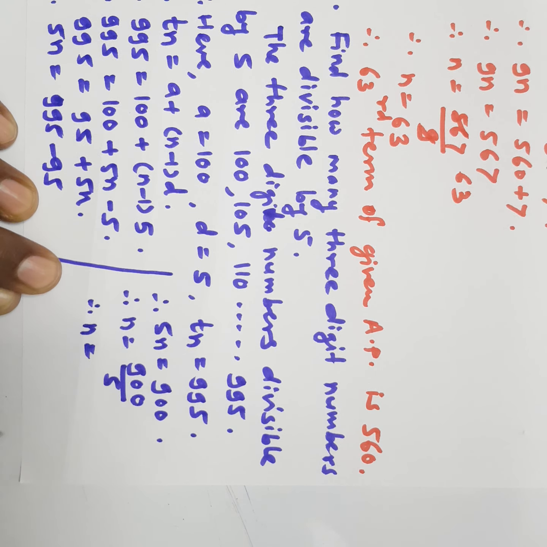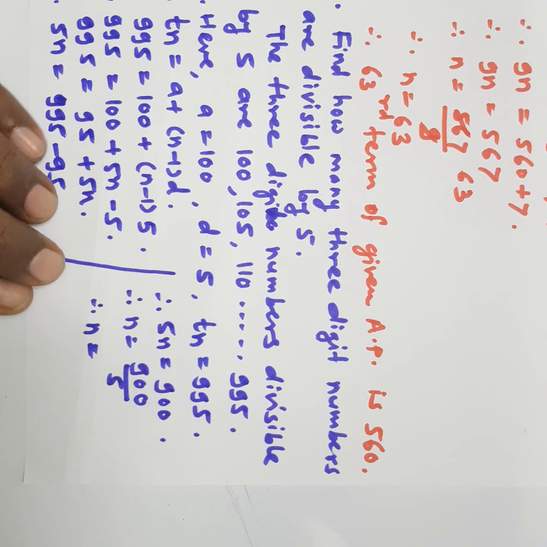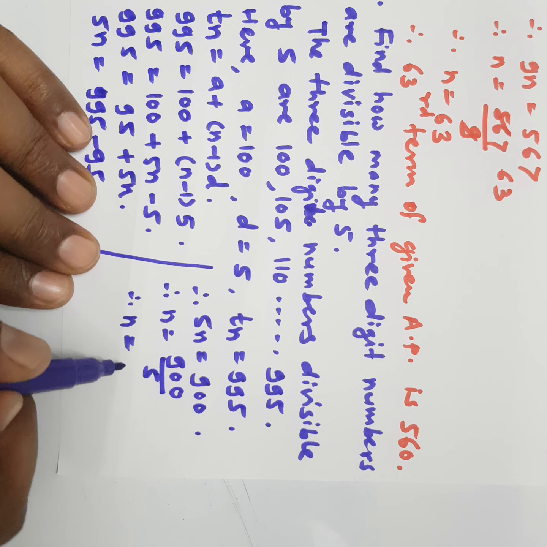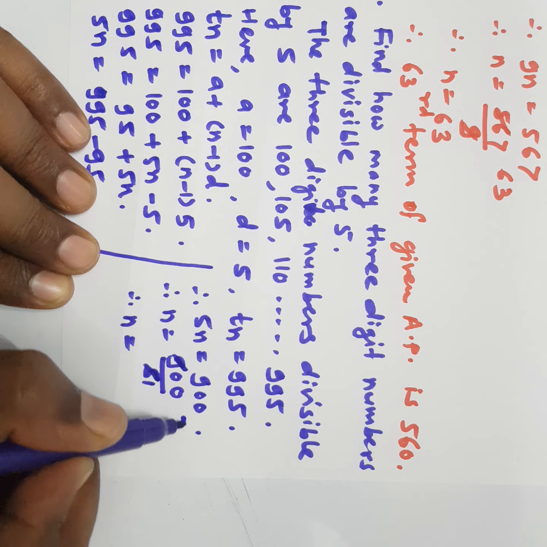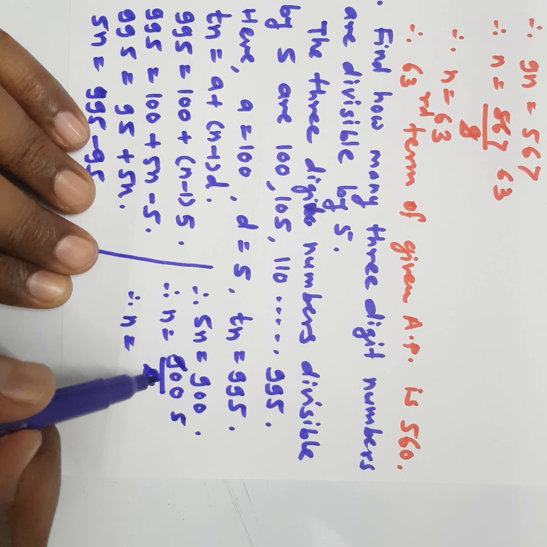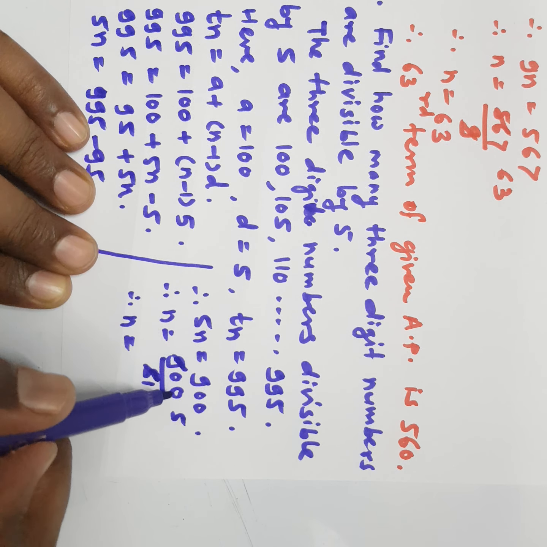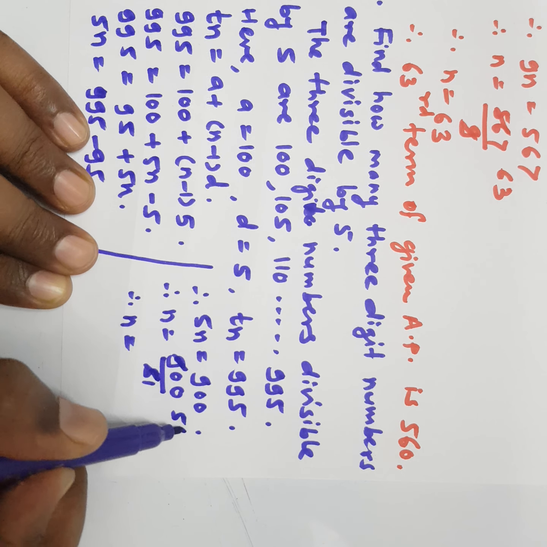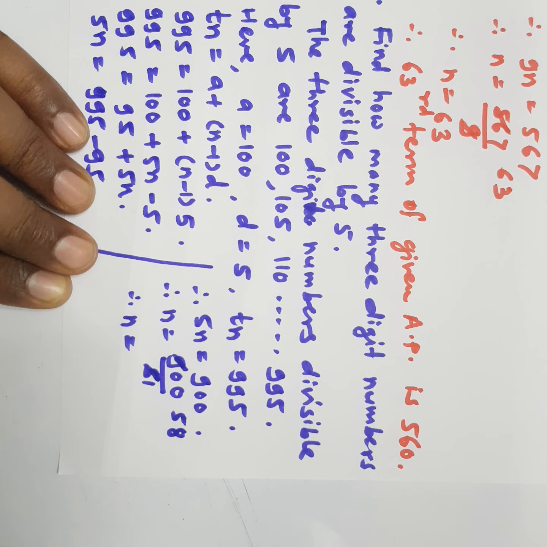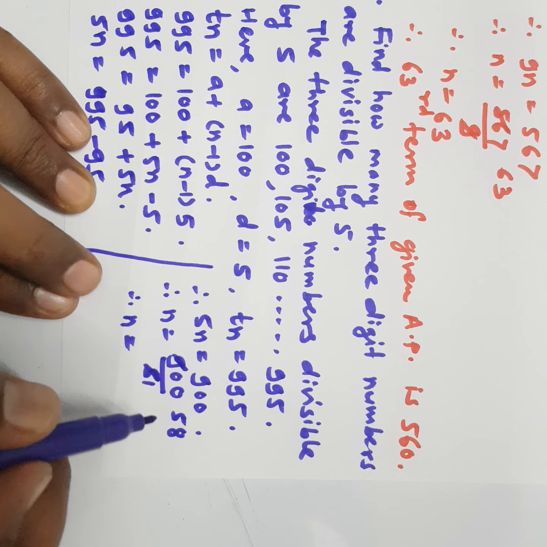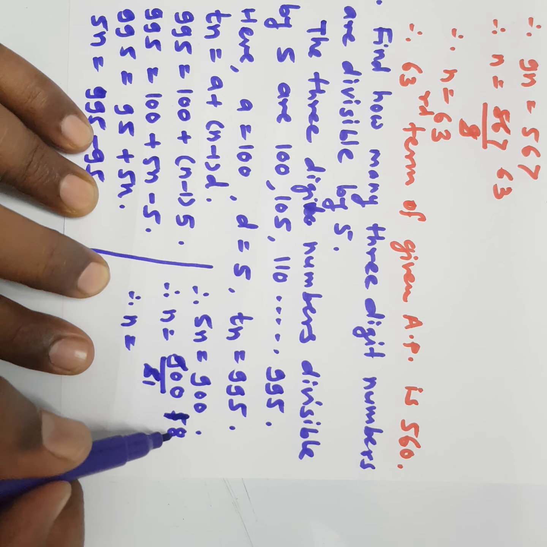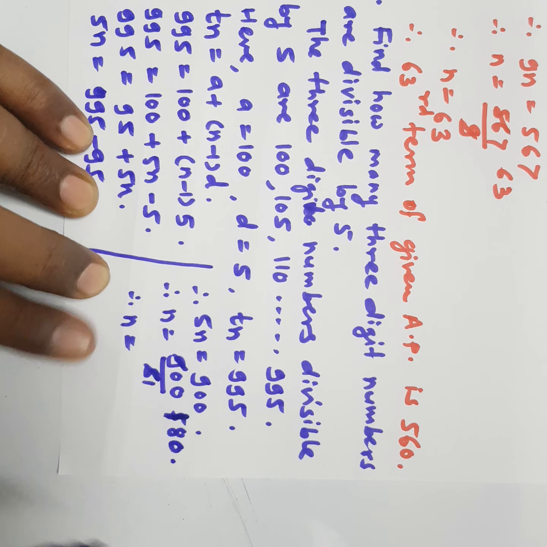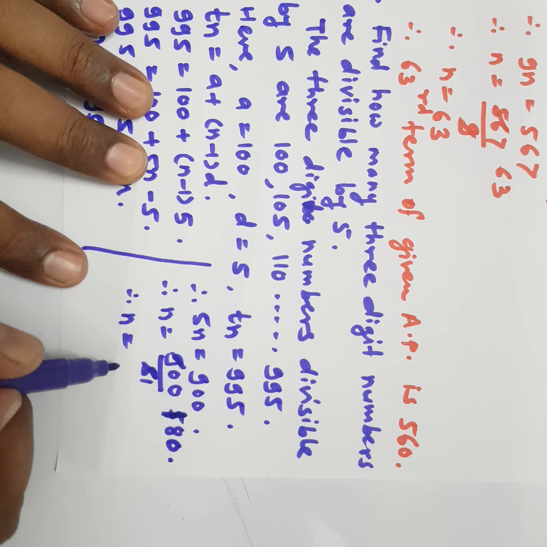Therefore, n is equal to, what is the division? 900 upon 5. Here 5 1 is 5, remainder is 4. 5 1 is 5, 5 8 is 40, and 0 as it is.